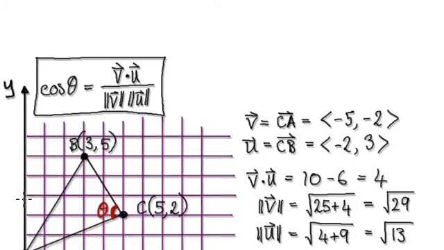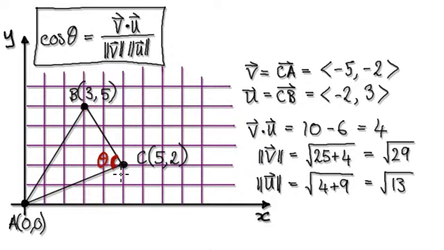Okay. So to do this, we need to extract this vector here. So let's just call this vector here v. So v would be negative 5 across, 1, 2, 3, 4, 5, and then 2 down, 1, 2.